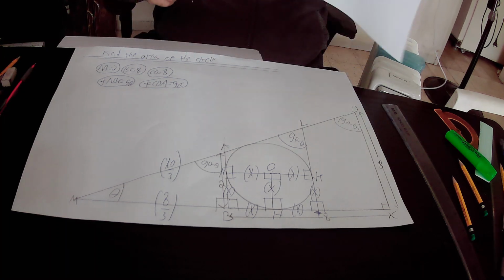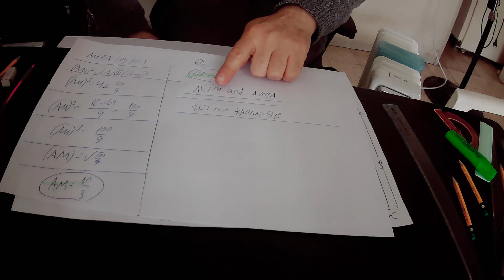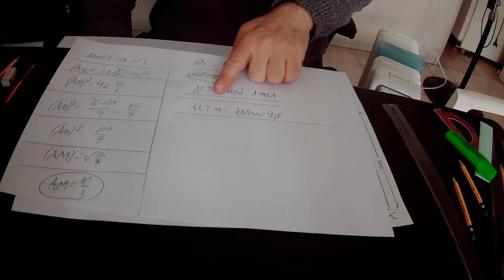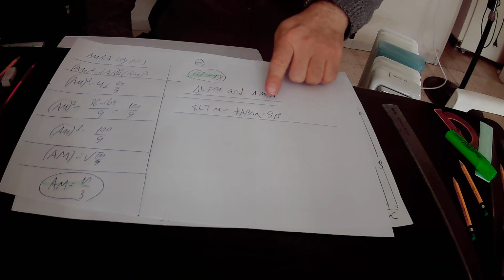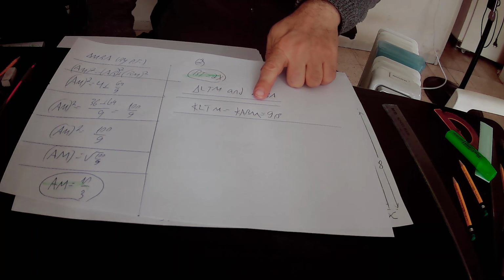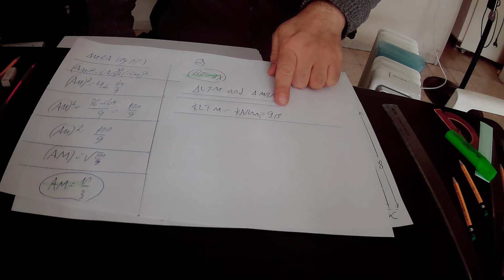Repeat again. Angle LTM in the right middle triangle LTM equals angle ABM in the right small triangle MBA. They are both equal to 90 degrees, therefore they are equal to each other.